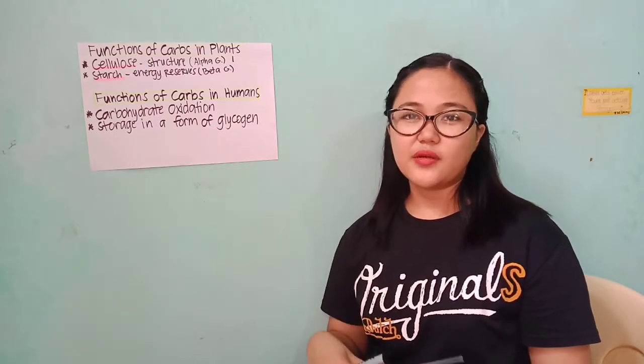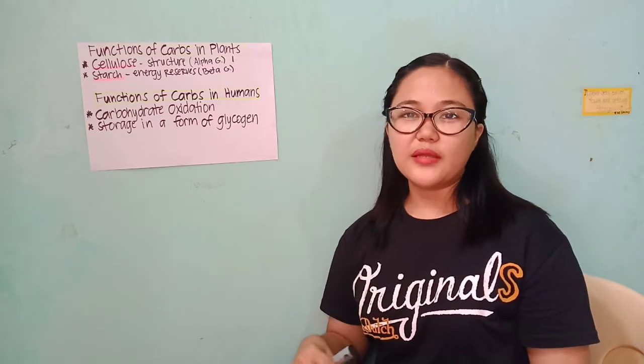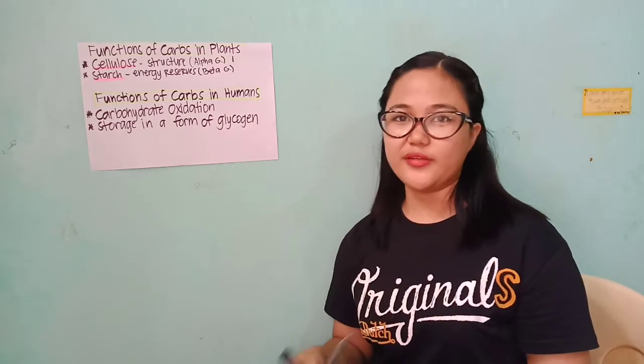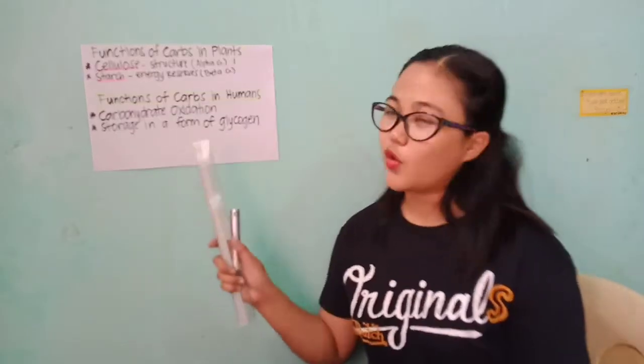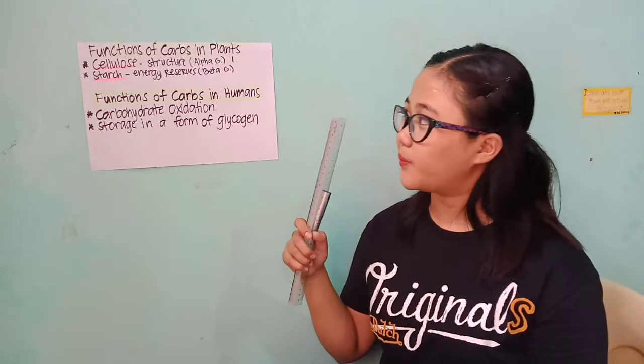My energy will come from my liver, which has the glucose that I stored the day before. So that's the end of my discussion about the occurrence and functions of carbohydrates.